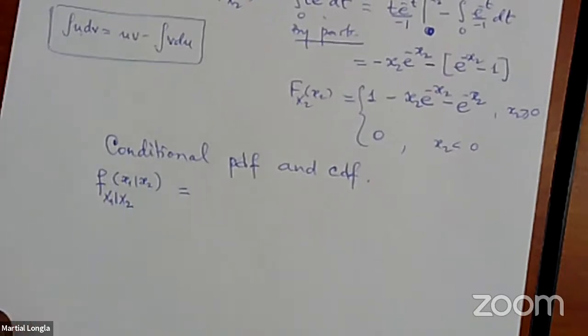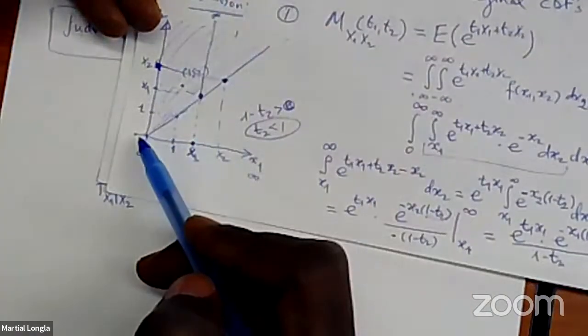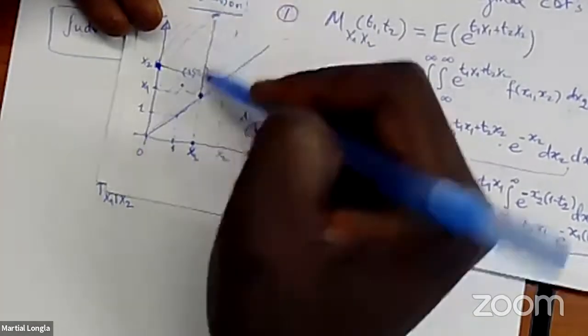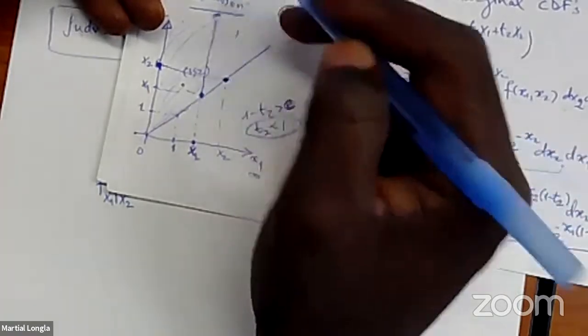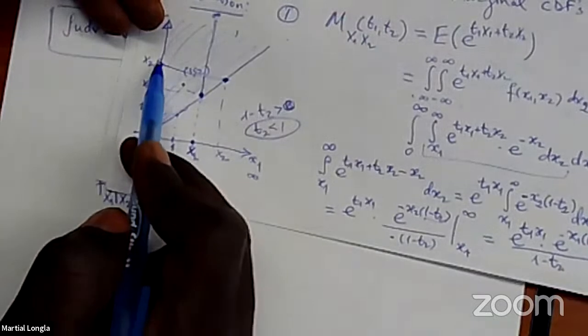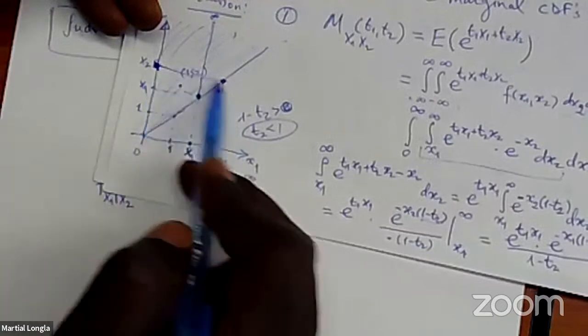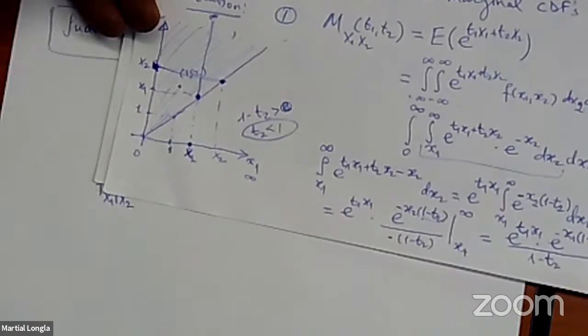So f of x1 given x2, the notation is this, of little x1 given little x2, means if the random variable x2 is equal to x2, what is the distribution of x1? And that gives you a meaning of what I was doing on this graph. When I tell you that I fix a value of x1 and then I go through the range, that means if I fix the value of x1 here, what is the distribution of x2 on this arrow that goes up? And if I fix the value of x2 here, what's the distribution of x1 on this piece? That's what the conditional probabilities are about.